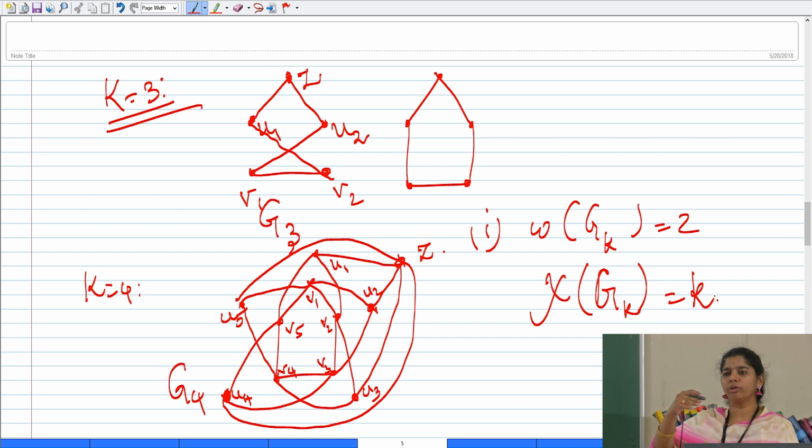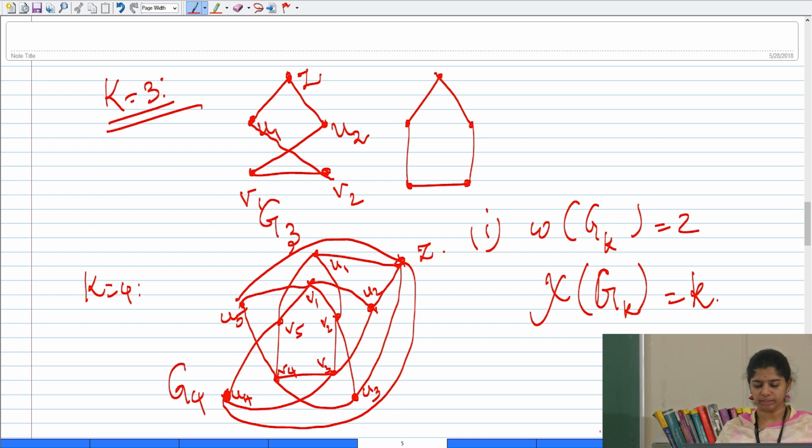If I have to go to the next level, how do I color my ui's? ui and vi could take identical colors. And z is adjacent to all the ui's, which are already colored with k-1 colors, so we need an extra color to color z. Therefore, you require k-1 plus 1 more color, so chi of Gk is equal to k.